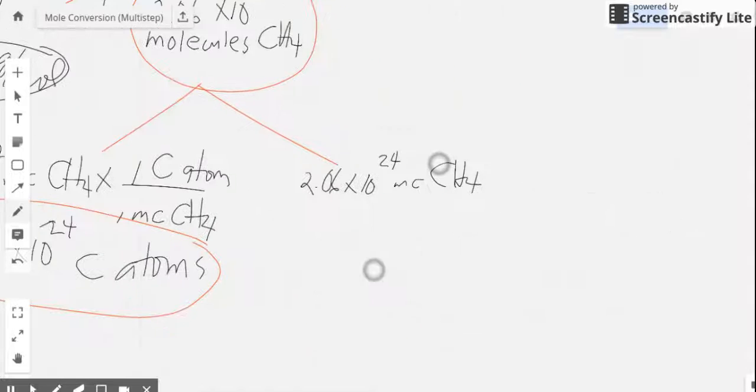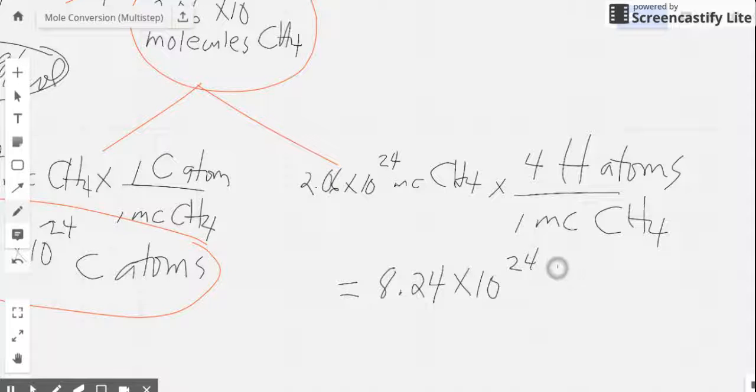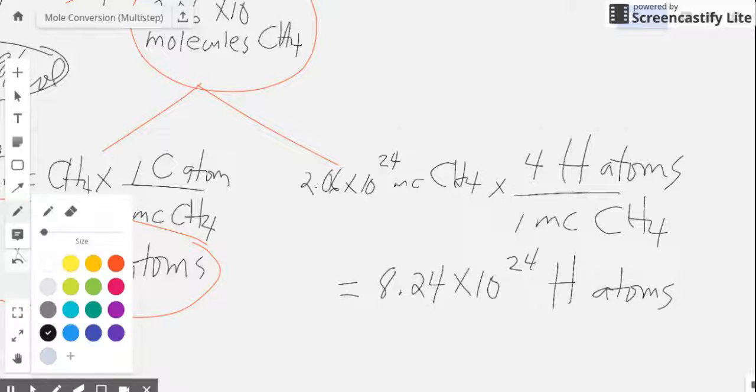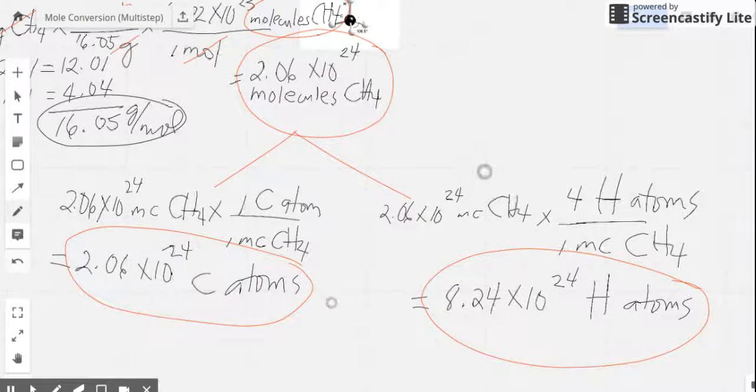And since we know that in one molecule of CH4, for every one compound of CH4, there are 4 hydrogen atoms, therefore 2.06 times 4, you get 8.24 times 10 to the power of 24 H or hydrogen atoms. So in this case, we already have the actual number of hydrogen atoms.